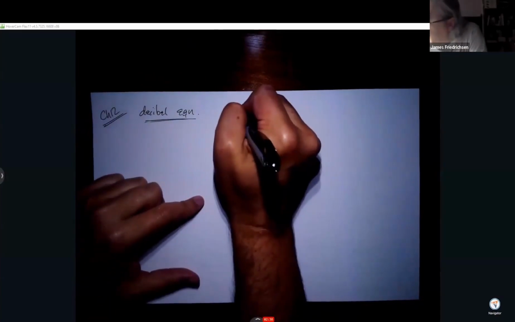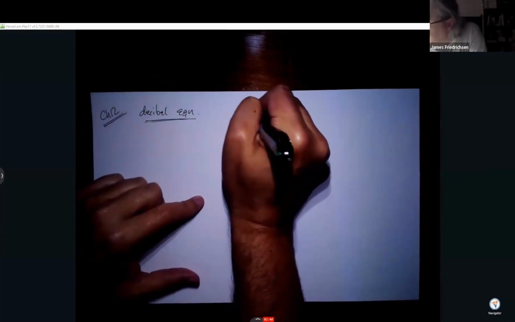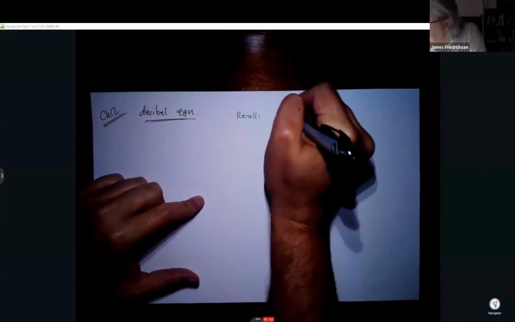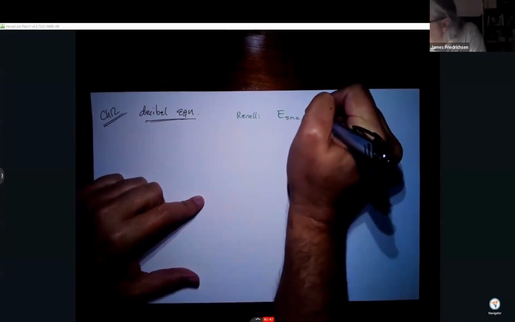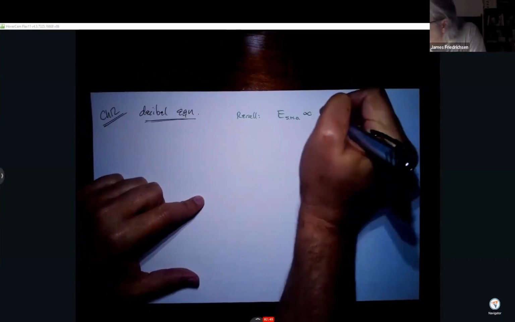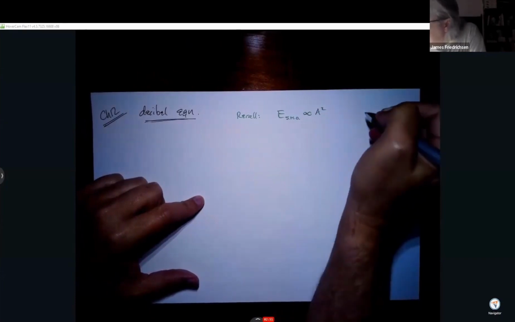The decibel equation. Okay. So we had talked about the fact that the amplitude of the sound wave is related to the energy. Let me recall that the energy for a simple harmonic oscillator is proportional to the amplitude squared.